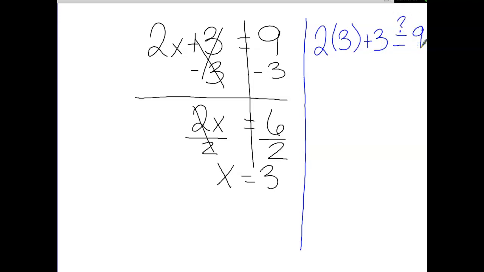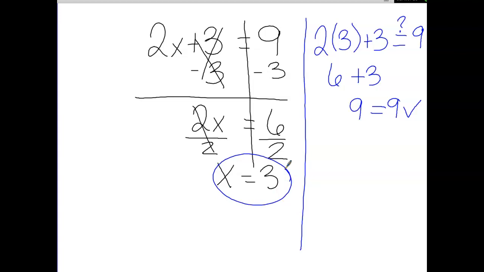So if we're doing order of operations, we would multiply first. 2 times 3 is 6, plus 3. 6 plus 3 is 9, so 9 does equal 9. Therefore, I know x equals 3 is the right answer. No, I'm not going to make you go back and always check your answers, but that's something that if you're not sure if your answer is right or not, you can always do.